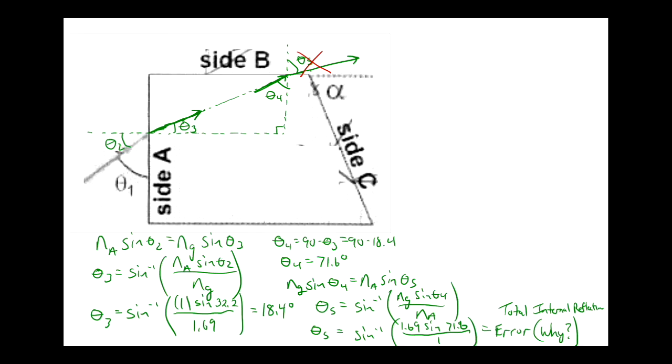We're going to come back and look at that phenomenon right after we finish this and a couple of other multiple choice questions, and I'll explain what's happening there. Just keep in mind that the equation has told us something weird went on. There is no theta 5. It doesn't exist. The equation gave us an error because there literally is no theta 5. There is no angle out there to measure that light, okay?